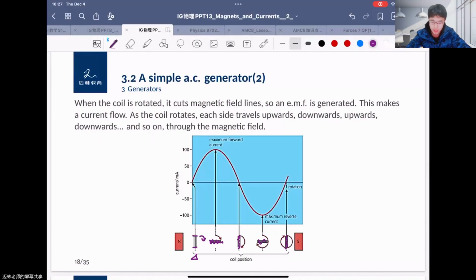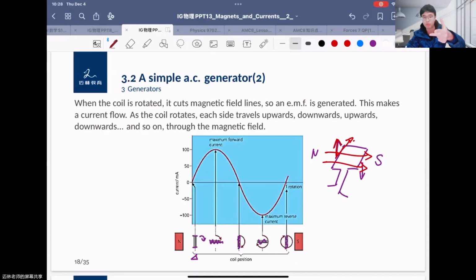So how will the position make an effect on the current in the generator? Maybe we can set it like this: here is a coil, right? And here we have positive and negative charge. If you're rotating this way, and this is the north pole and south pole, you can find that at this very small period, the motion direction is totally perpendicular to the magnetic field direction, right?